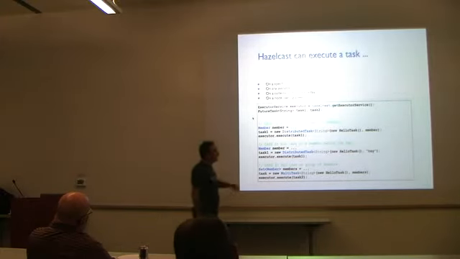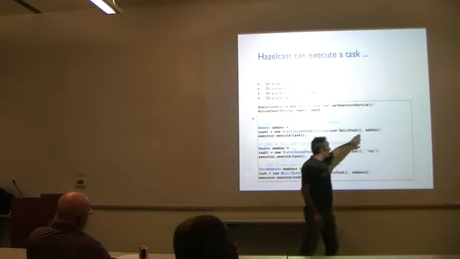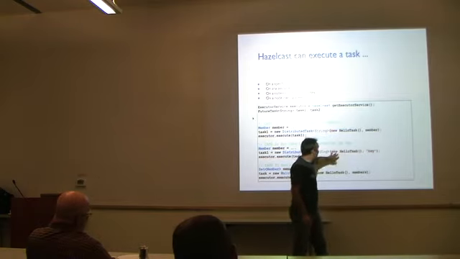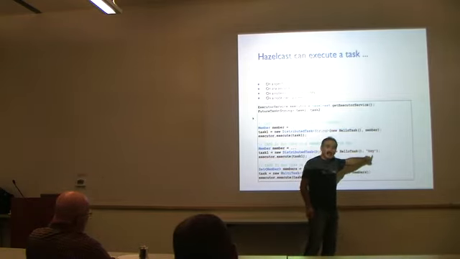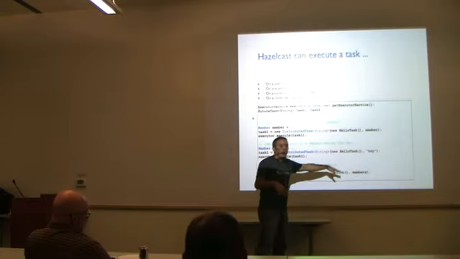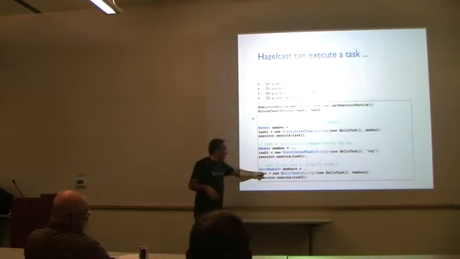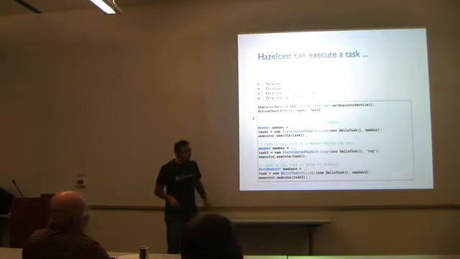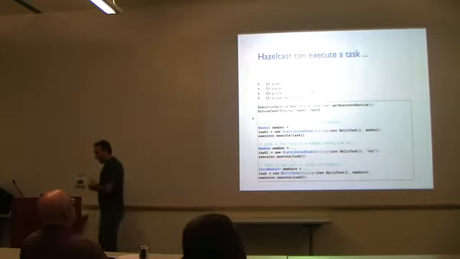You can say, run the task on this particular member. You can say, run the task on this particular key, meaning go to the owner of the key and run there because my data is there. Or you can say, run everywhere and give me the results. It's a good service.